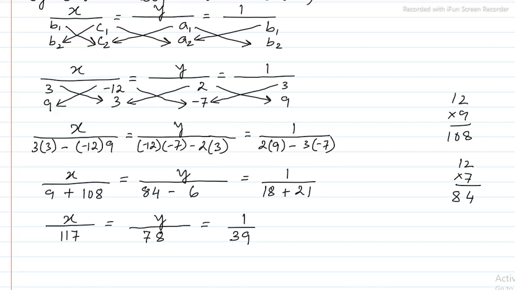So first we have to use the ratio. Now we are going to use first this ratio and this ratio. So that means x upon 117 is equal to 1 upon 39.